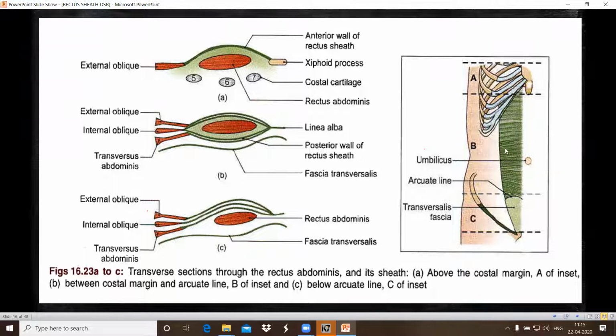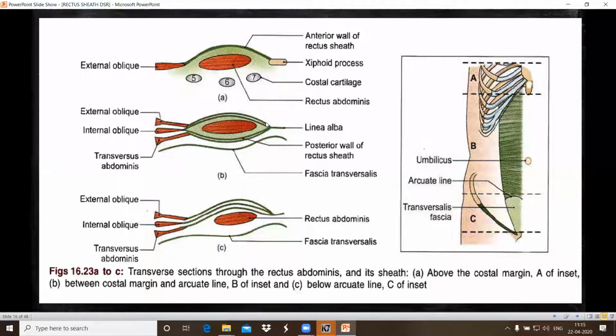Next, coming to the middle level, that is from below the costal margin to the midpoint between the umbilicus and pubic symphysis, here it is formed by the fusion of the aponeurotic layer of the external oblique and the anterior lamina of the internal oblique. Already I told that at the middle level, the internal oblique is divided into anterior lamina and posterior lamina.